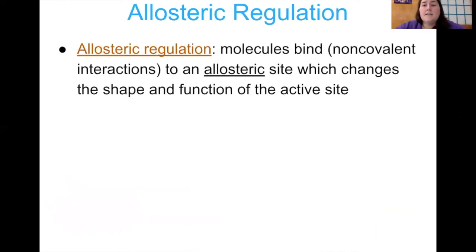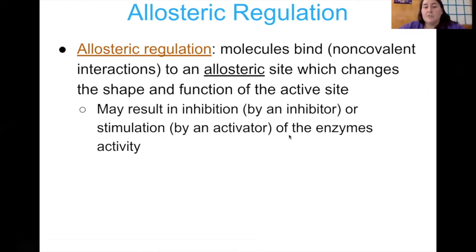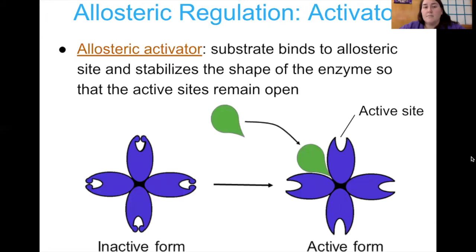And so in allosteric regulation, molecules are going to bind to the allosteric site, and it's going to change the shape or function of the active site. So this might result in inhibition or stimulation by an activator of enzymes.